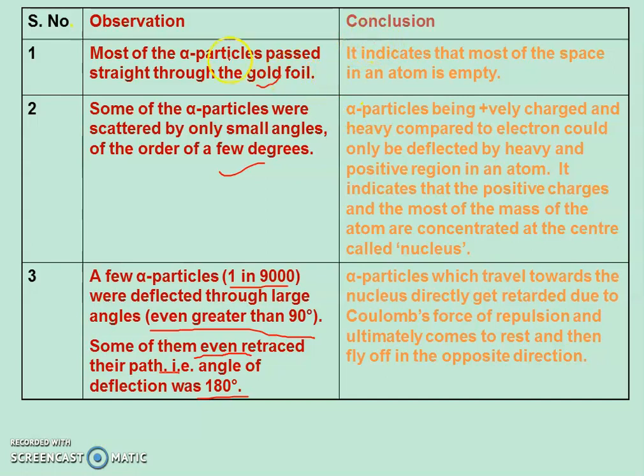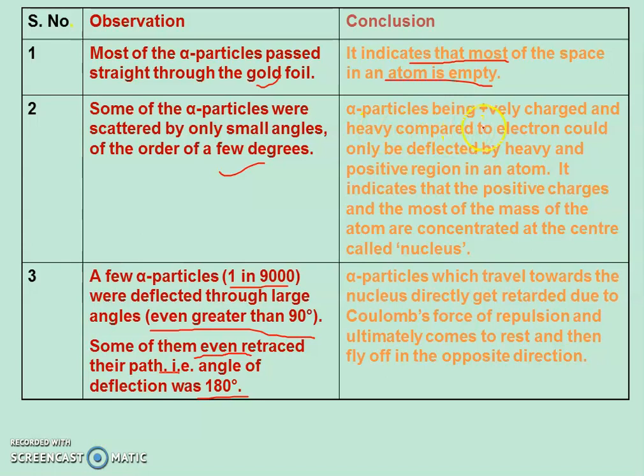First, most of the particles pass through the gold foil without any appreciable deflection. It means most of the space of the atom is empty. Although there are electrons, electrons cannot affect the motion of the alpha particle.